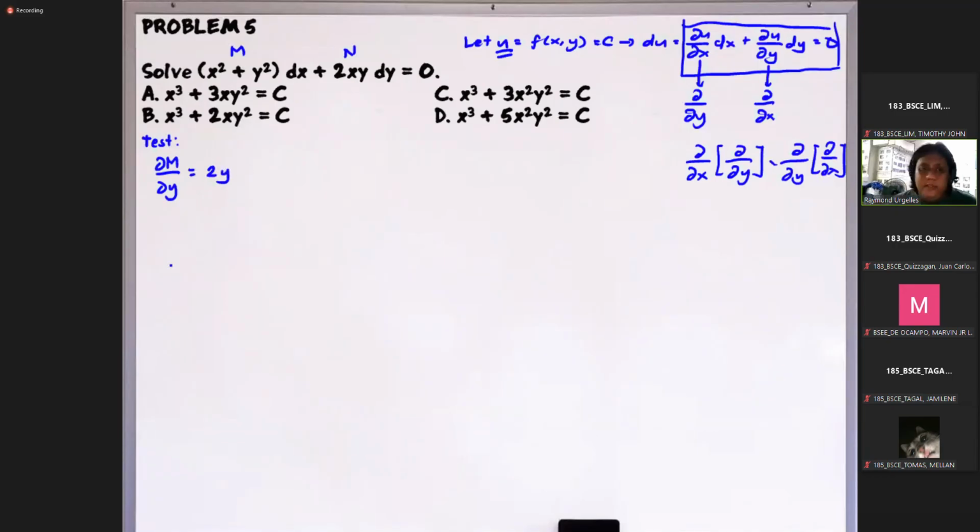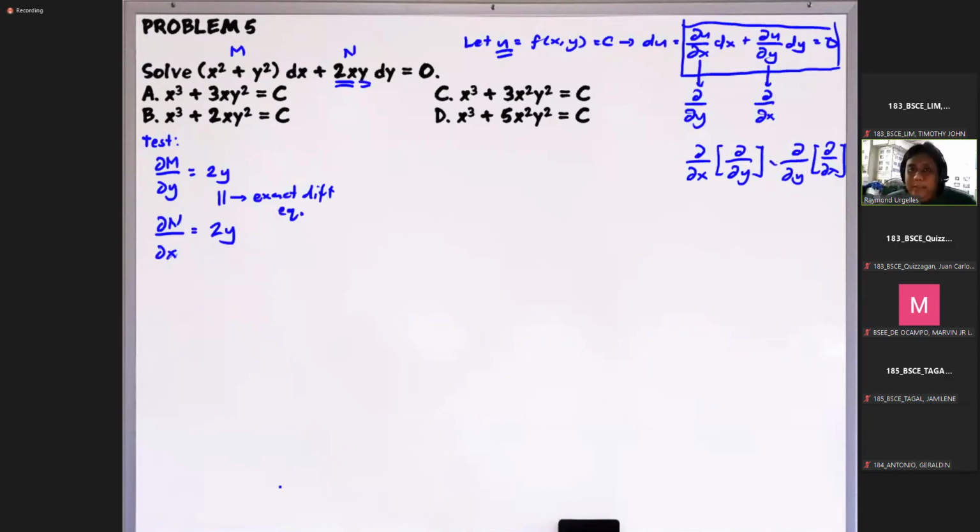That's the first one. For N, since it is multiplied to dy, we need to get the partial with respect to x. Here 2y is constant, so we can factor that out, since this is with respect to x and y is constant. Then the derivative of x is 1, so this is all that remains. As you can see, these two are equal, which means this is an exact differential equation.